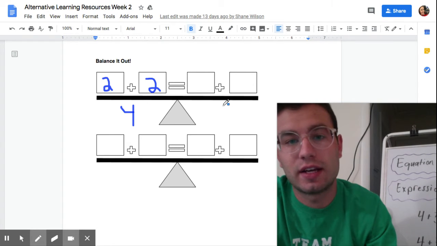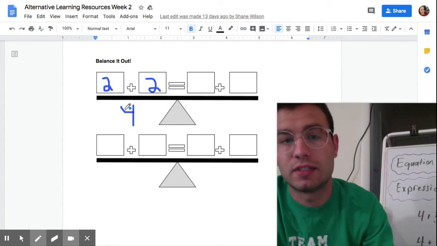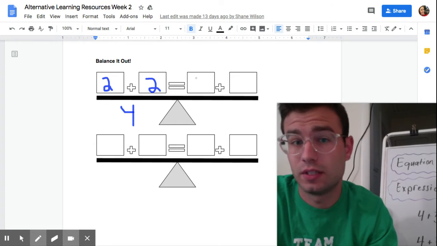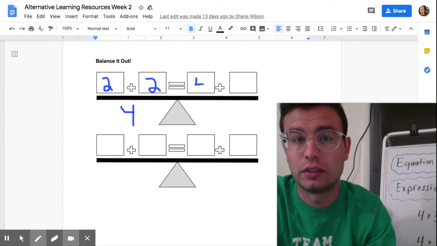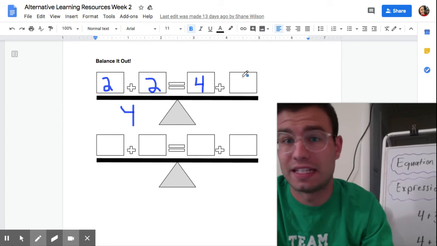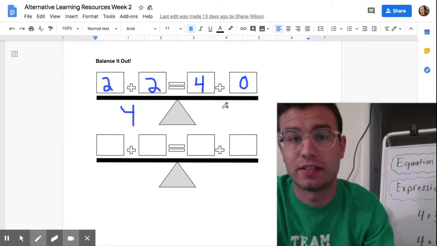We need this side to equal the same as this side. So how else can we make 4? Well, we could do 2 plus 2 again, but if I said you have to use the number 4, 4 plus, it has to be 0 to make this side 4.